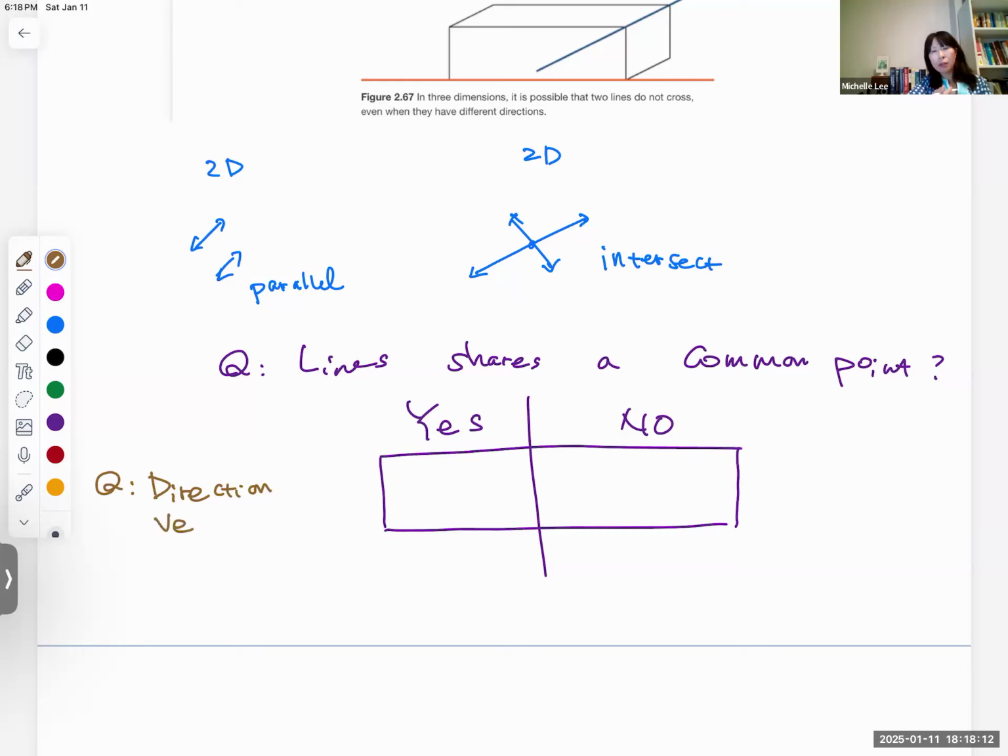We had the direction vectors, vector v, a, b, c, from the parametric equation, right? Are the vectors parallel?